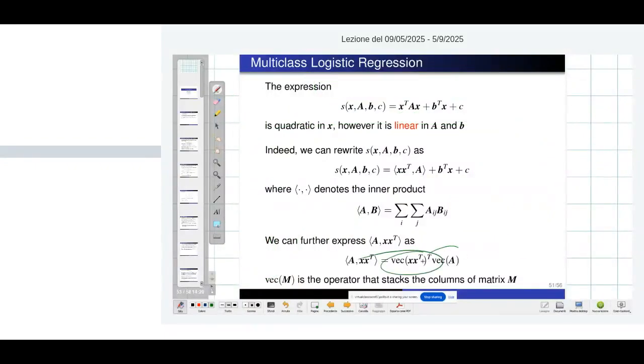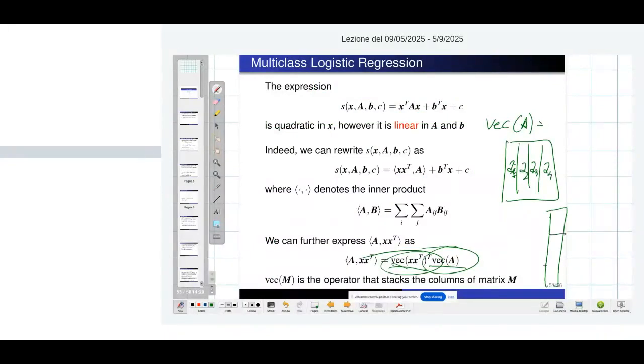If you want, it can be expressed in vector form by writing the dot product in this way. What is vec of matrix A? Imagine you have matrix A that consists of columns. Vec is the operation that takes these columns and stacks them.